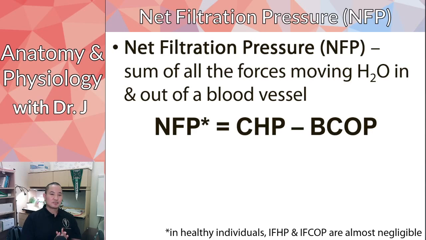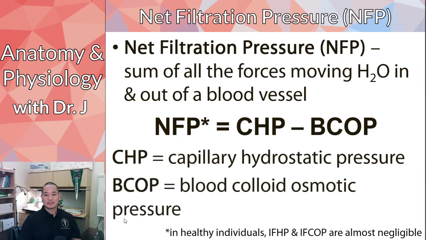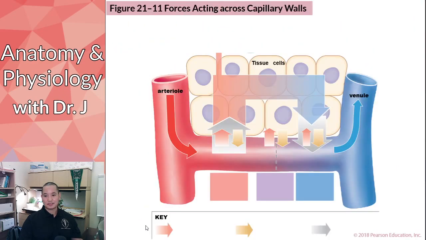Same with interstitial fluid colloid osmotic pressure. Compared to all the albumins and proteins in the serum of your blood, you don't have that many large proteins contributing to oncotic pressure in your interstitial fluid, so this is why you don't see these in the equation. For healthy individuals, they're practically zero. Again, CHP is capillary hydrostatic pressure, BCOP is blood colloid osmotic pressure.